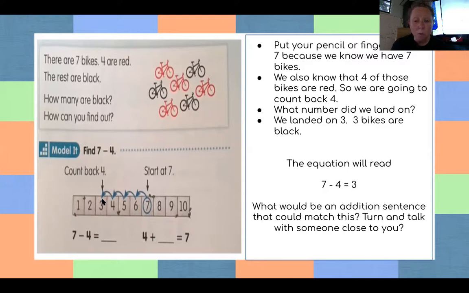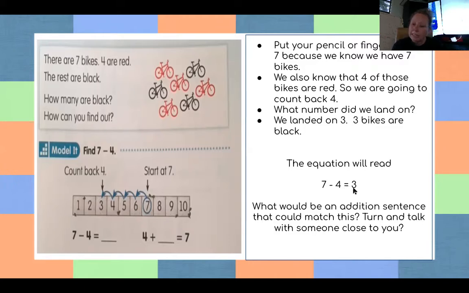That was the 4 red bikes. How many black bikes do we have? We landed on the number 3. That represents the black bikes. The equation will read 7 minus 4 equals 3.